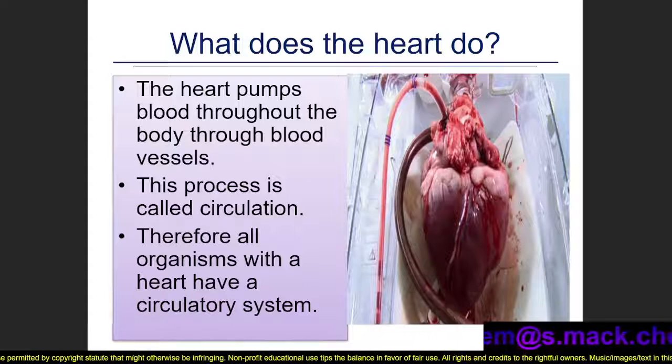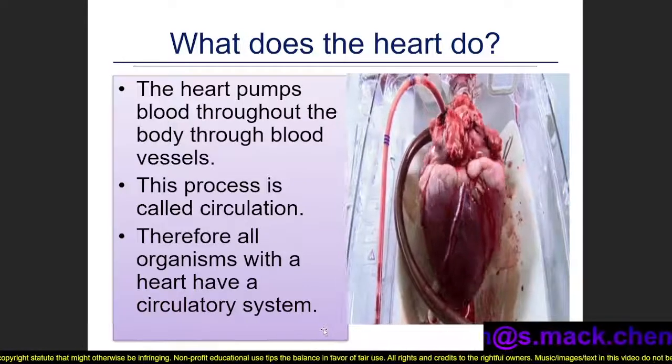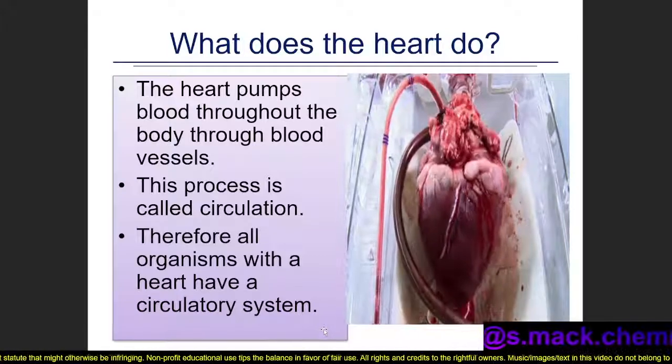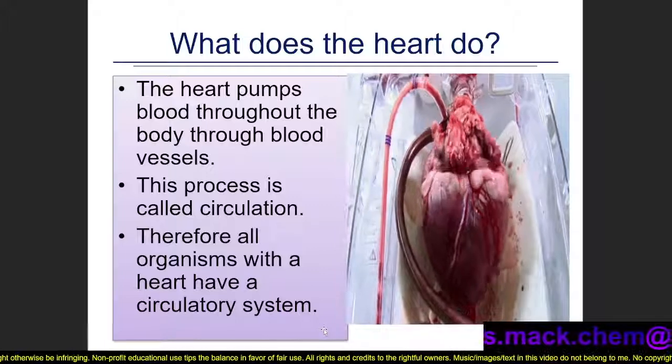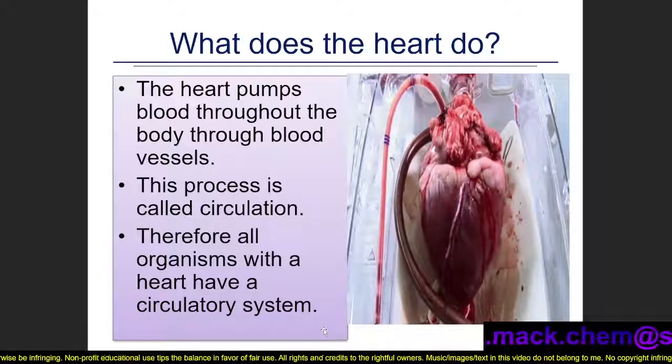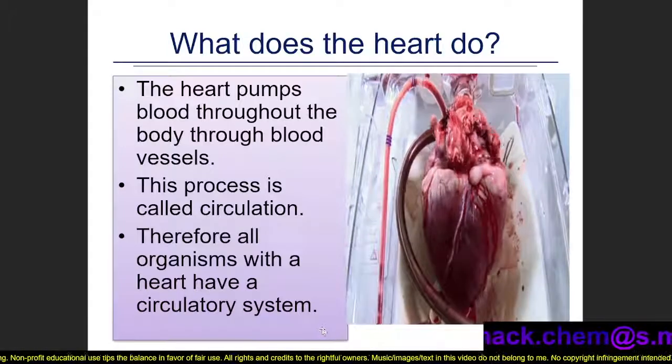We'll wrap up this video by just looking at some short notes on what the heart does. And very simply, it is the heart's responsibility to pump blood throughout the body, and it does so through blood vessels.